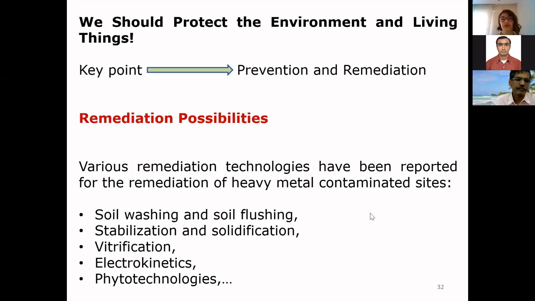So to protect the environment and living things, the key point is prevention and remediation. Of course, prevention is what we really want here because remediation is more expensive and time consuming than prevention.